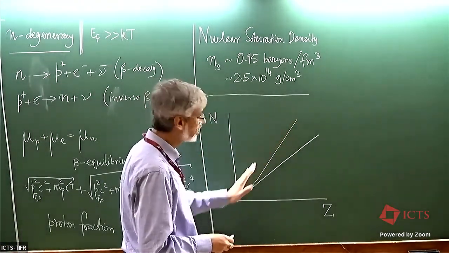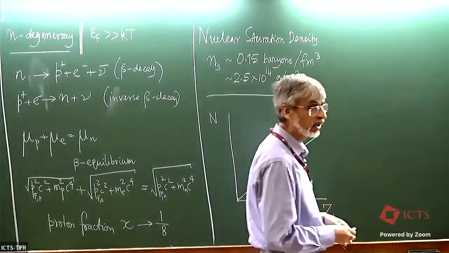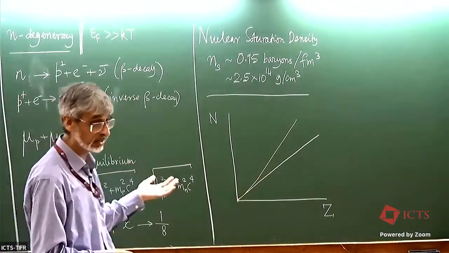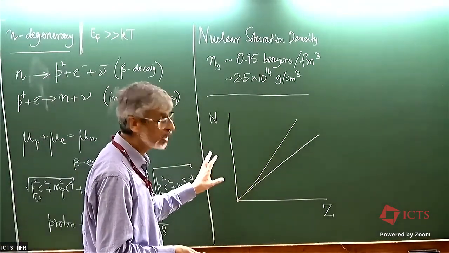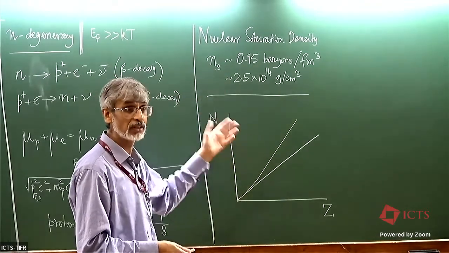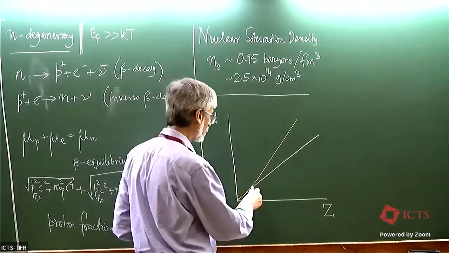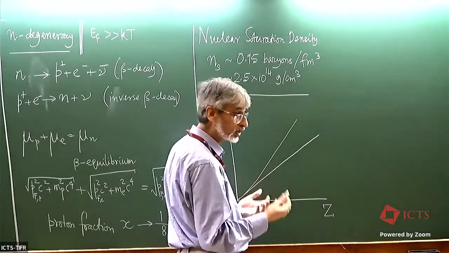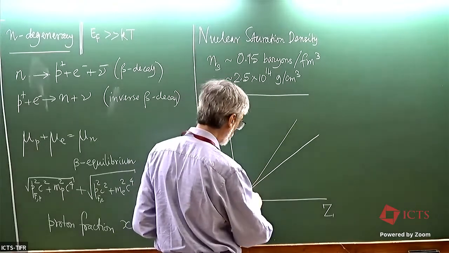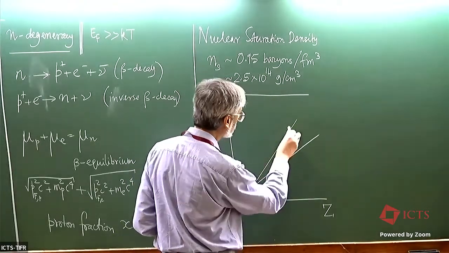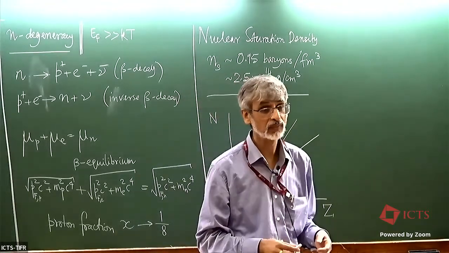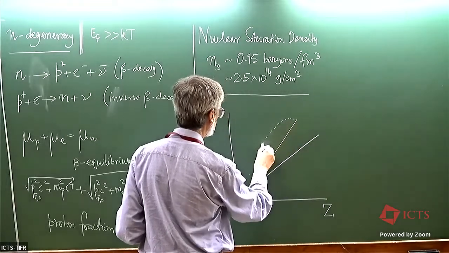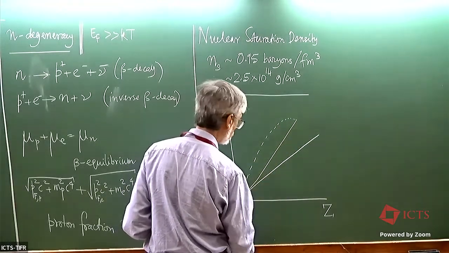So this is the line of stable isotopes, but you can also create other isotopes, which need not be infinitely stable, but are at least possible to create, and they're stable for a while. So there is a stability island of nuclei. That stability island goes something like that.